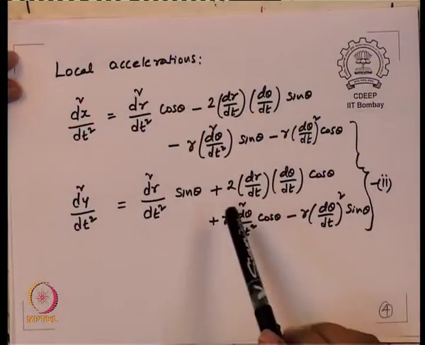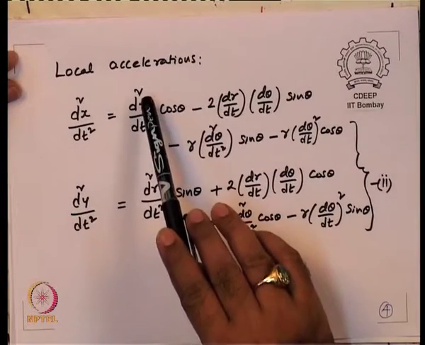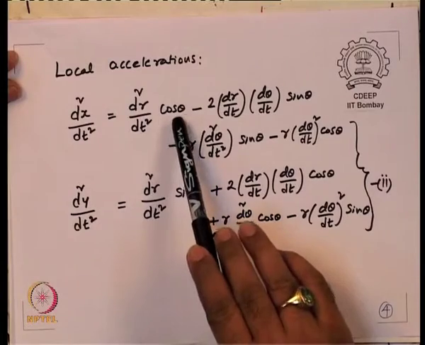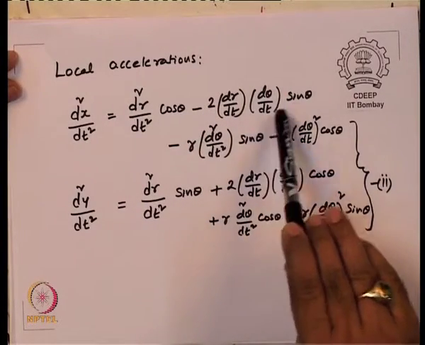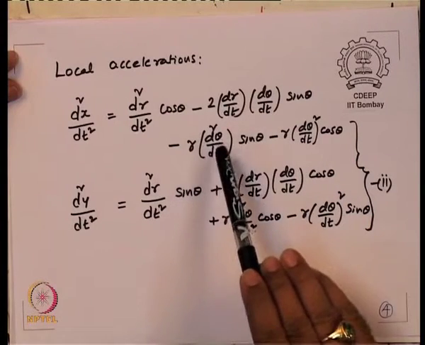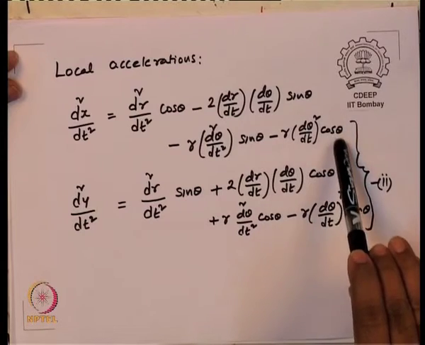Then by differentiating once again, we get the accelerations, but these are with reference to the global axis at the center of the shaft. So the accelerations are given as d square x by dt square is equal to d square r by dt square cos theta minus 2 dr by dt into d theta by dt sin theta minus r d square theta by dt square sin theta minus r into d theta by dt whole square cos theta.